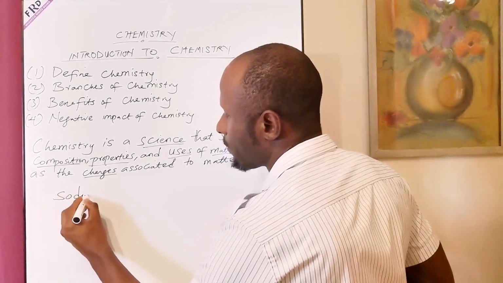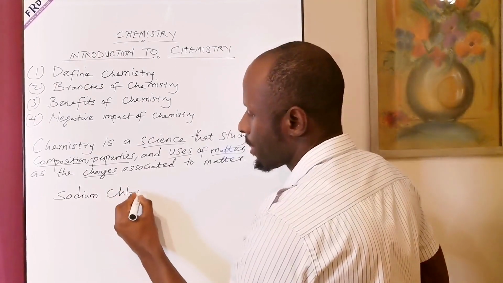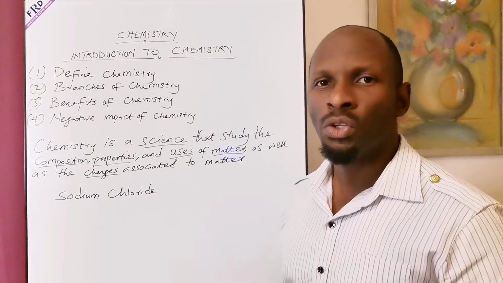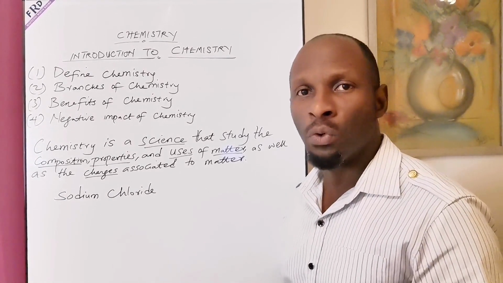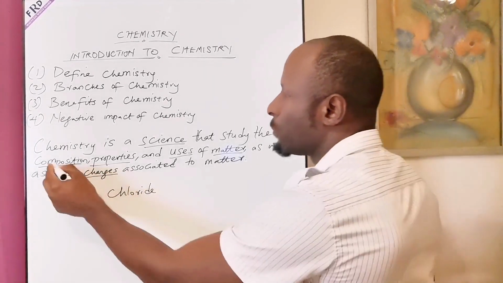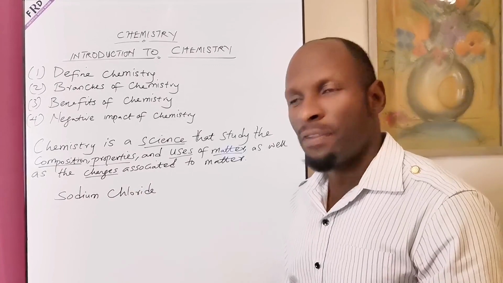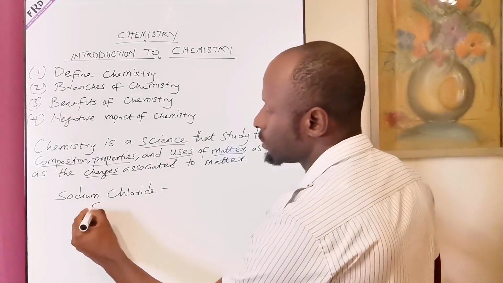Sodium chloride, like I said, is known as what? Table salt. If we talk about the composition, what elements came together to form sodium chloride? We talk about what?